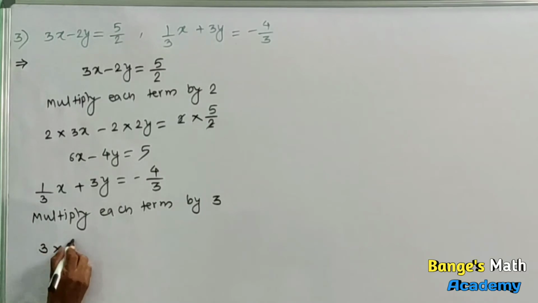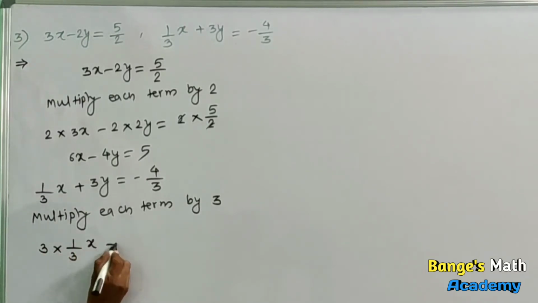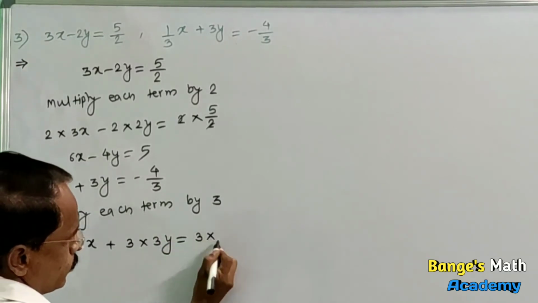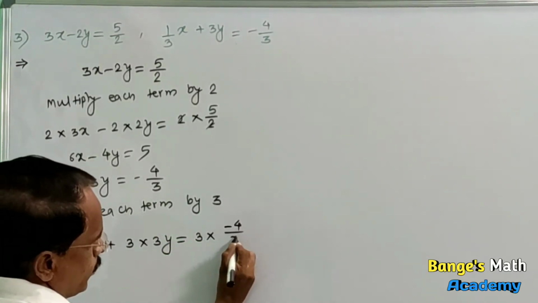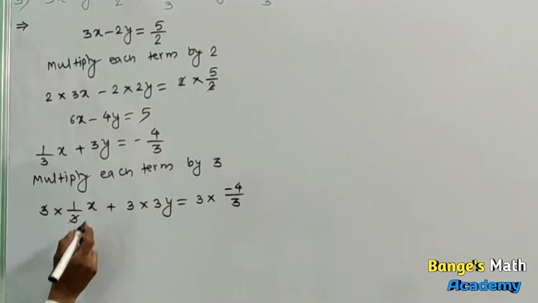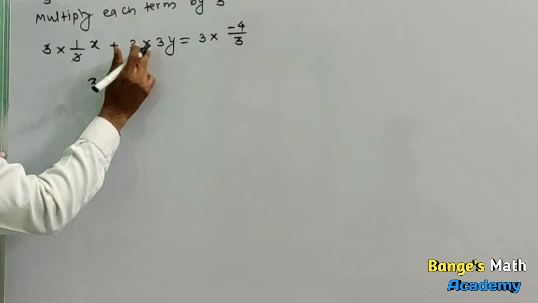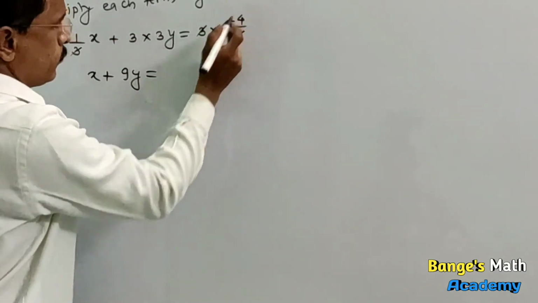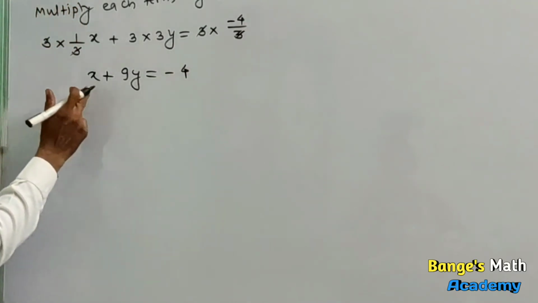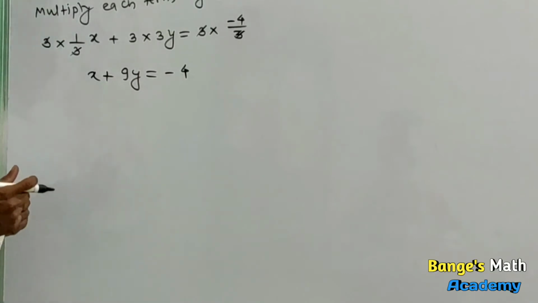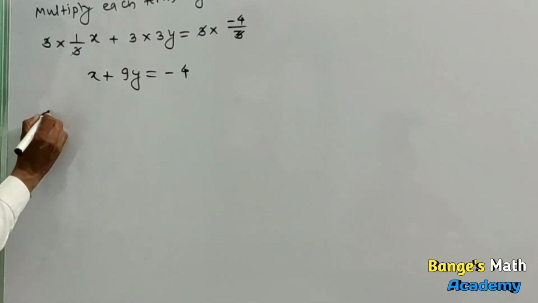So 3 into 1 upon 3 into x plus 3 into 3y is equal to 3 into minus 4 upon 3. 3 gets cancelled. 1x means x plus 3 into 3y, 9y, is equal to 3 gets cancelled, minus 4. So we get equation x plus 9y is equal to minus 4. So we convert the given equation in the general form. Then find d.